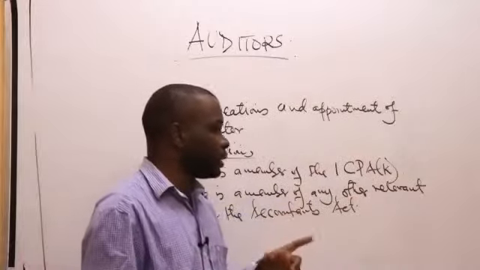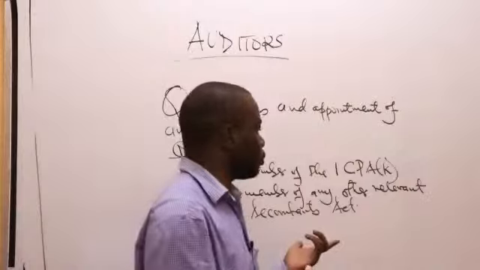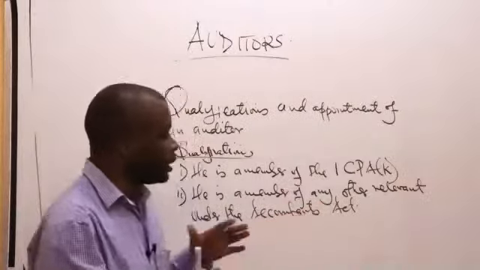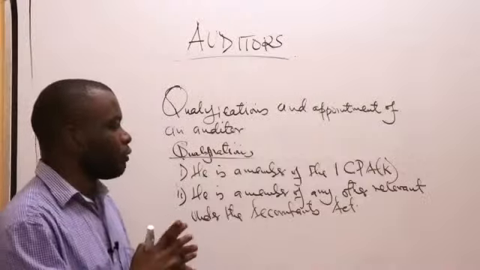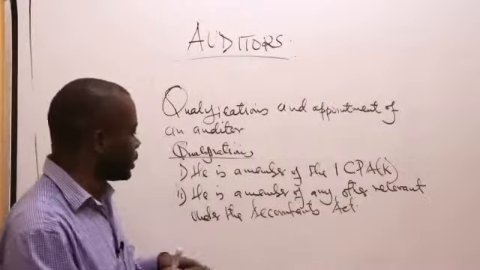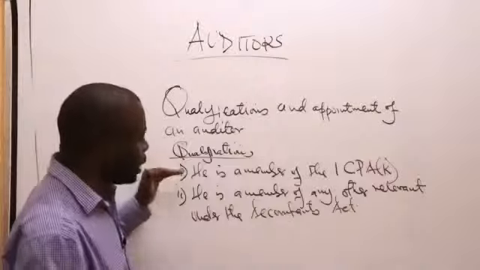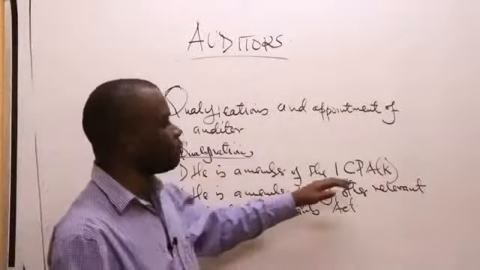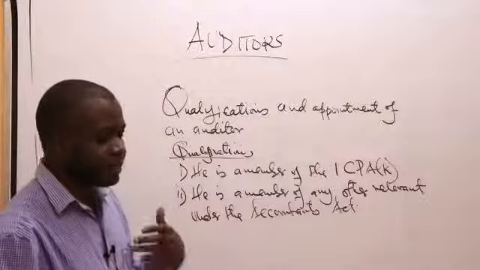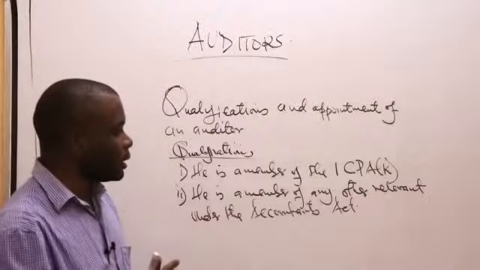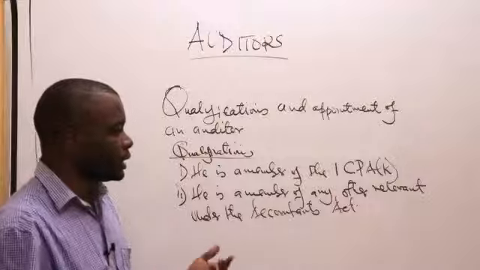So that is the route of getting this certification and membership from ICPAK. You've done the CPA exam up to final level. Once you finish, you become a member, you practice for a period of time, and you'll be approved to provide auditing services. So these are the key qualifications. Apart from being a member of ICPAK, under the Accountants Act they could look at any other relevant qualification that can enable you to provide auditing services.